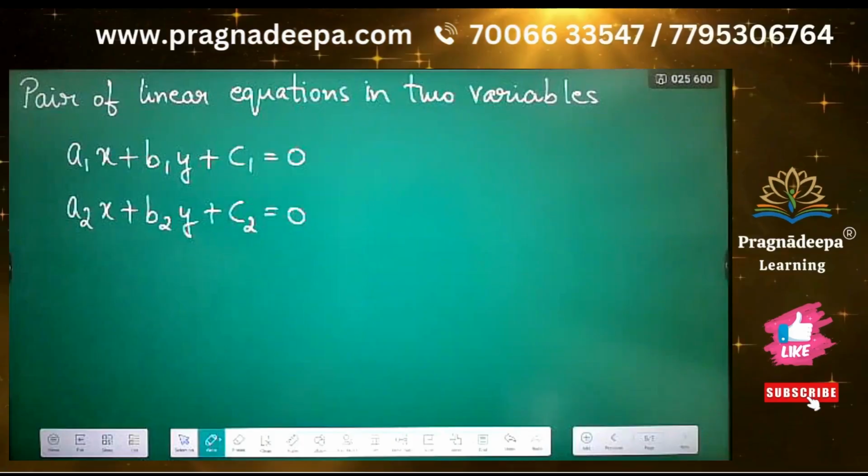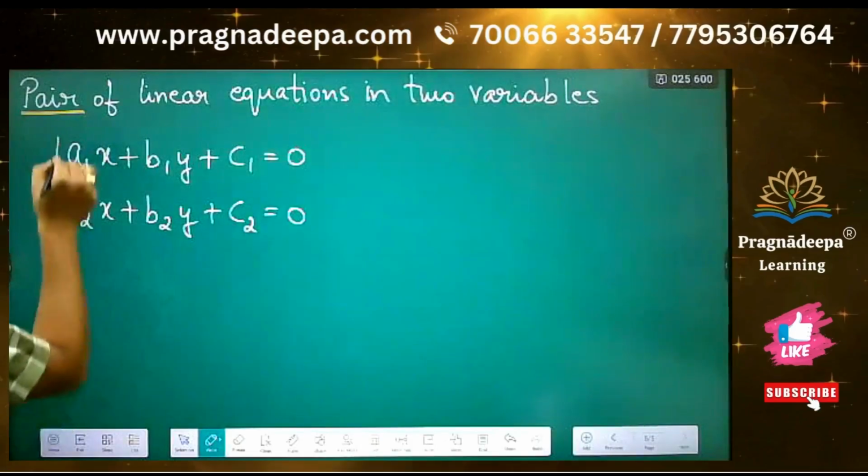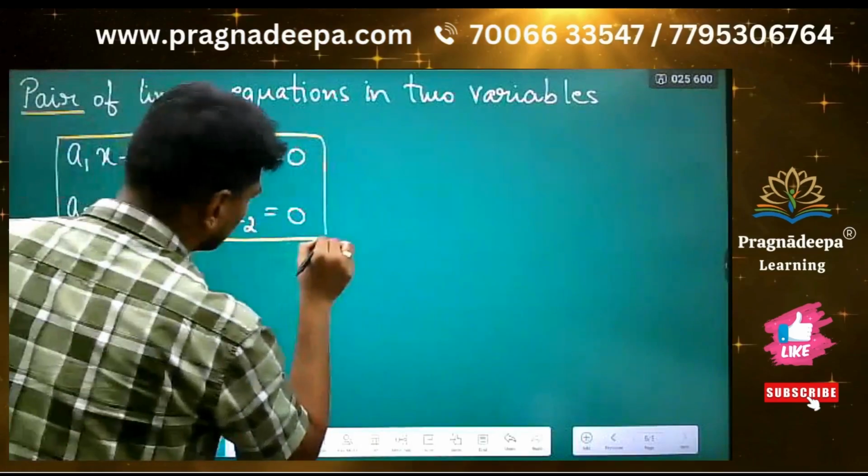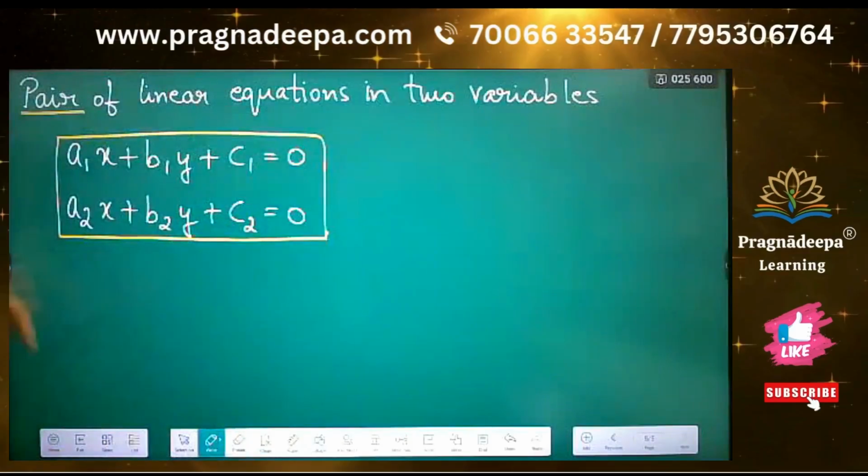That is, if you combine two linear equations in two variables, you will get a pair. That is what we call a pair of linear equations. Geometrically speaking, a linear equation in two variables represents a straight line. So a pair means there are two lines.